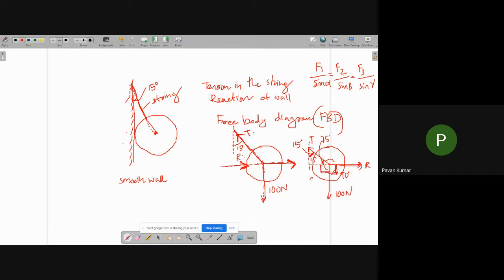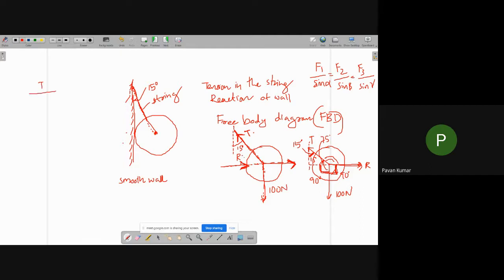This angle will be 90, so this whole angle will be 90 plus 75. And this will be what? 360 minus 90. This much of an angle.